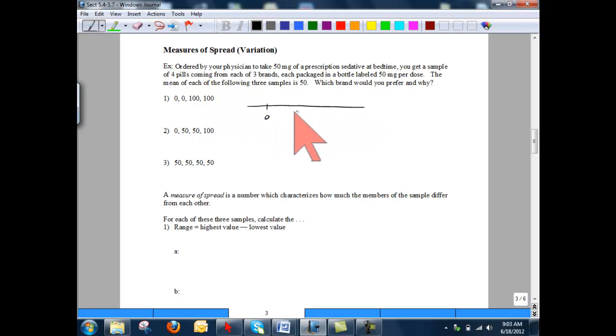So on a number line, if I do a rough dot plot of the weight in milligrams, I'm supposed to be getting 50 each time, and in fact I'm getting 0 and then 0 and then 100 and then 100.